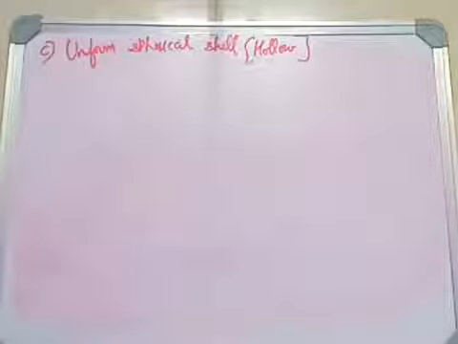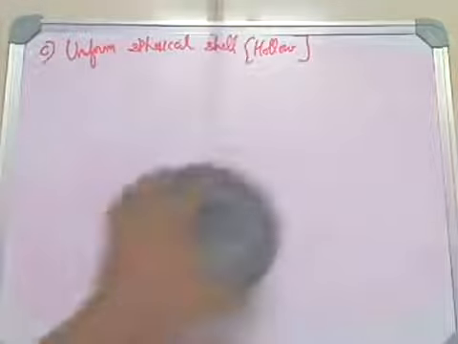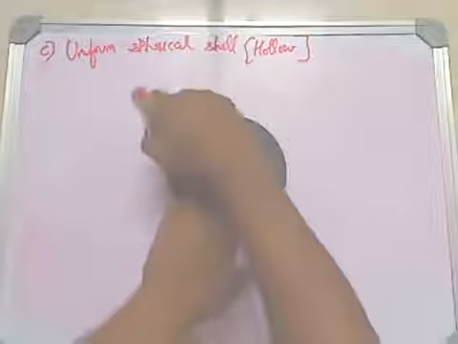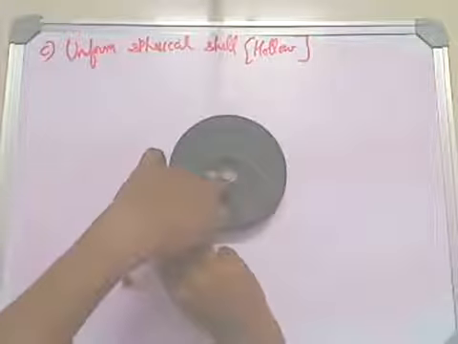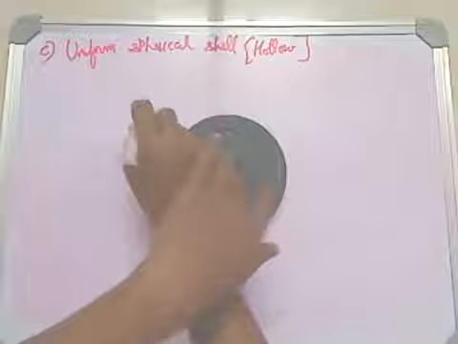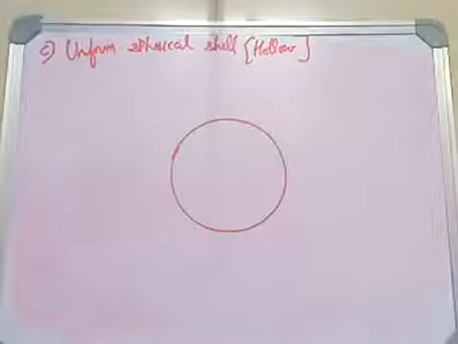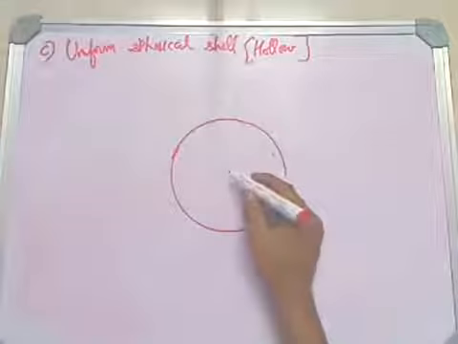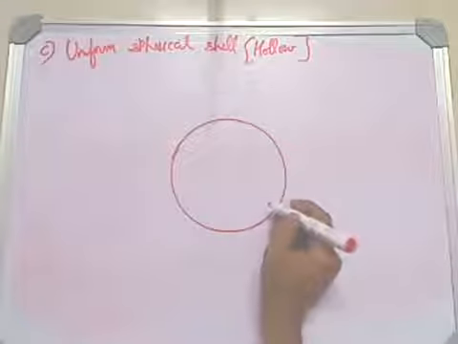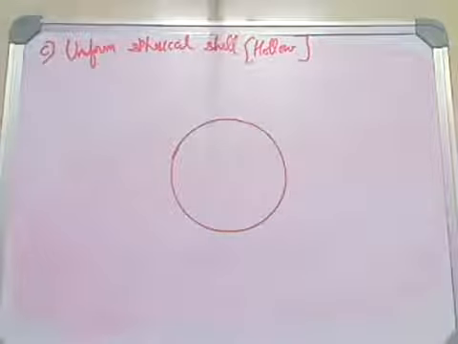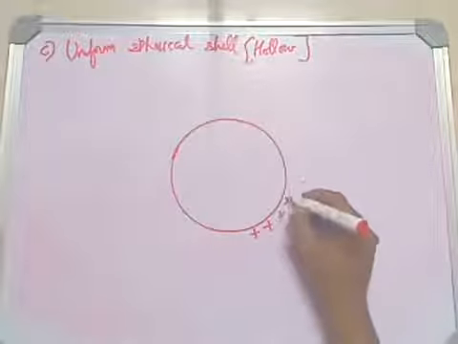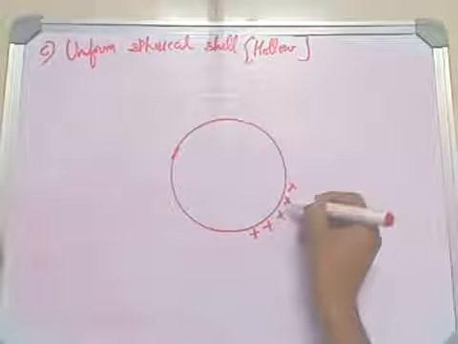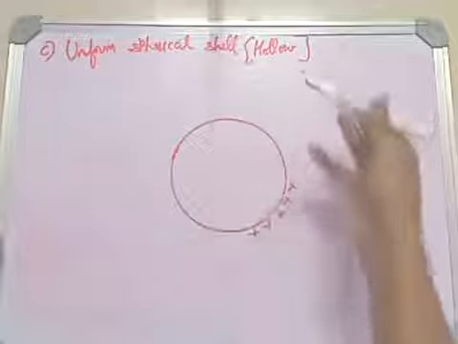Let me just pull up a sketch here. Not bad. And now what this actually says is you have charges all over this surface. Okay, I'll just draw it till here because I have no patience to take it all the way there.